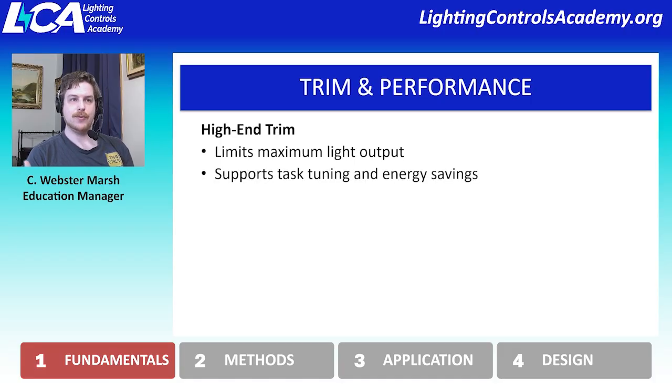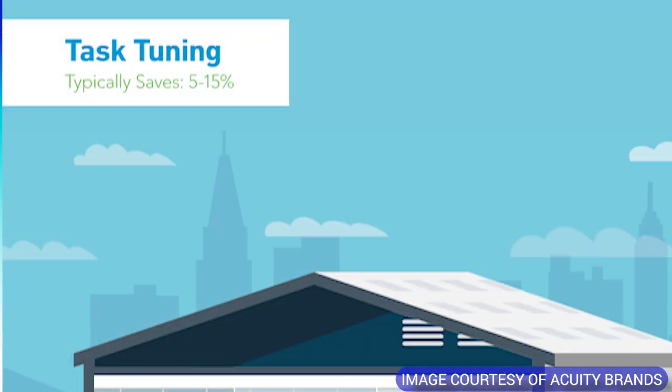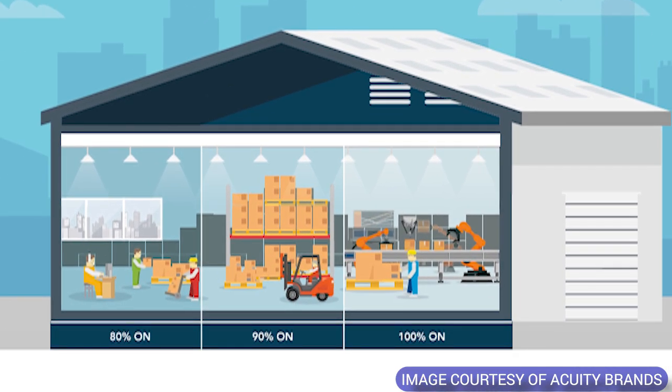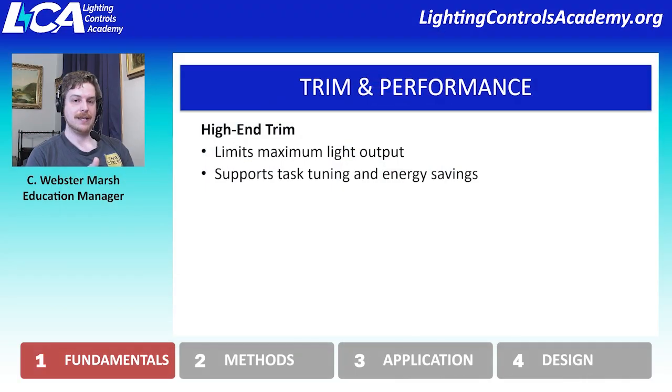This really supports what's referred to as task tuning, or it might even just enhance energy savings, because oftentimes we don't really notice the difference between 80 and 100%. And so skimming off that top 20% will save some energy while not really impacting the results.